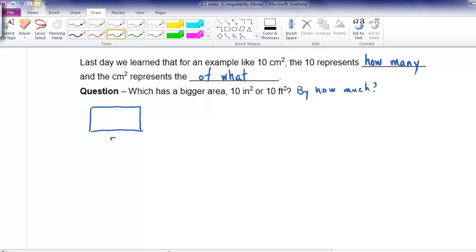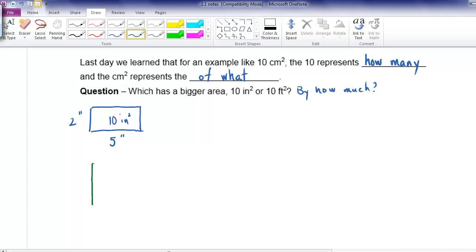So in our picture right here, here's my 5 inches by 2 inches, and if we broke that up, there'd be 10 square inches in the middle.